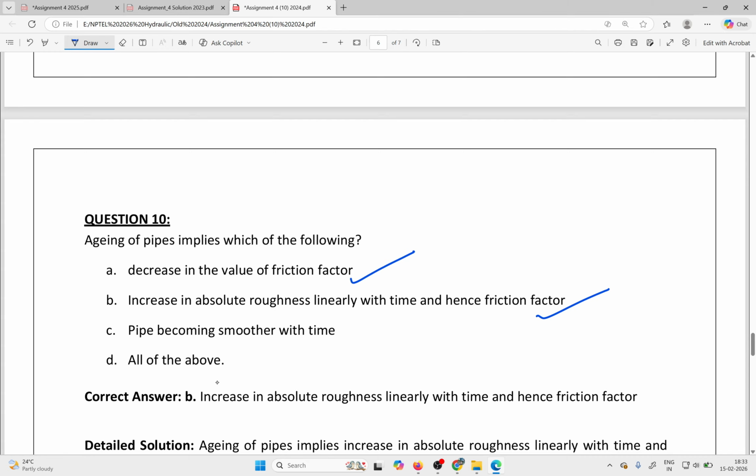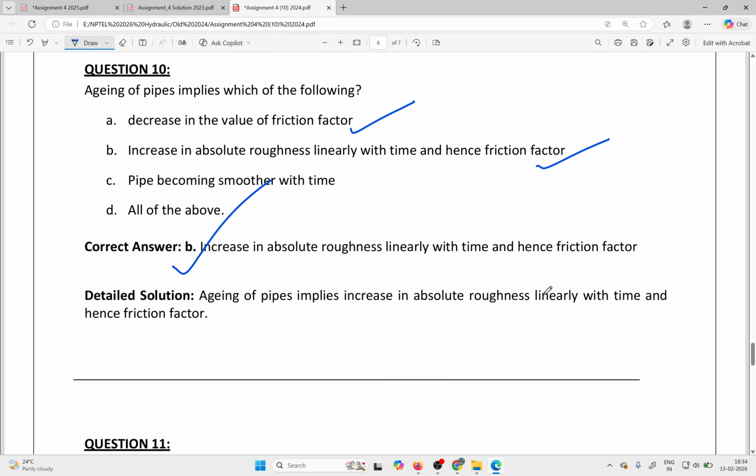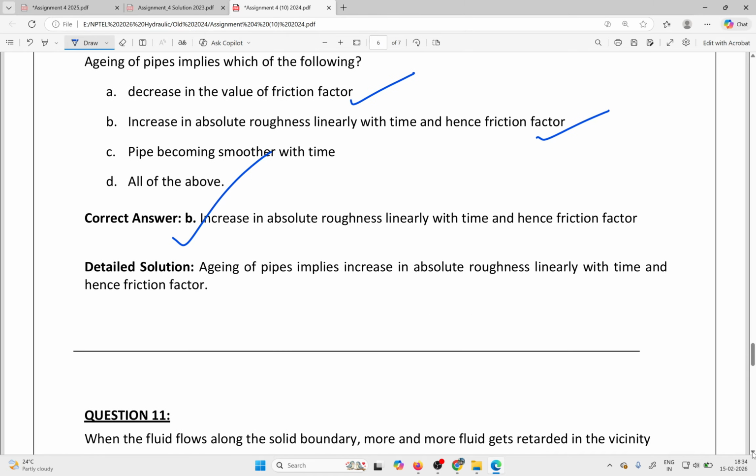Aging of pipe is nothing but increase in absolute roughness linearly with time, and hence the friction factor. When your pipe gets older, its roughness will increase linearly with time. So remember, please. And finally, your friction factor will increase.